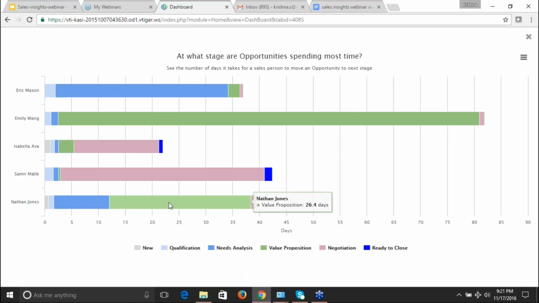The ideal scenario would be that Isabella has Nathan's negotiation skills, and the rest of the team has both Nathan's negotiation skills and Isabella's value proposition skills.